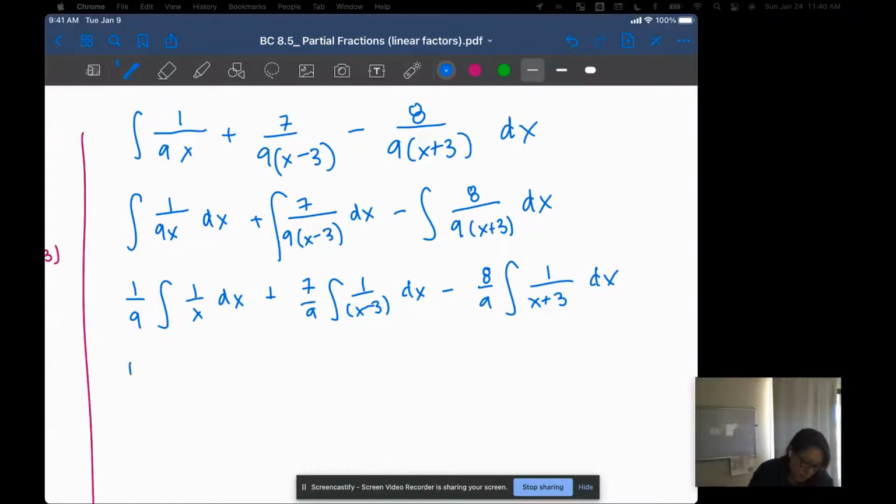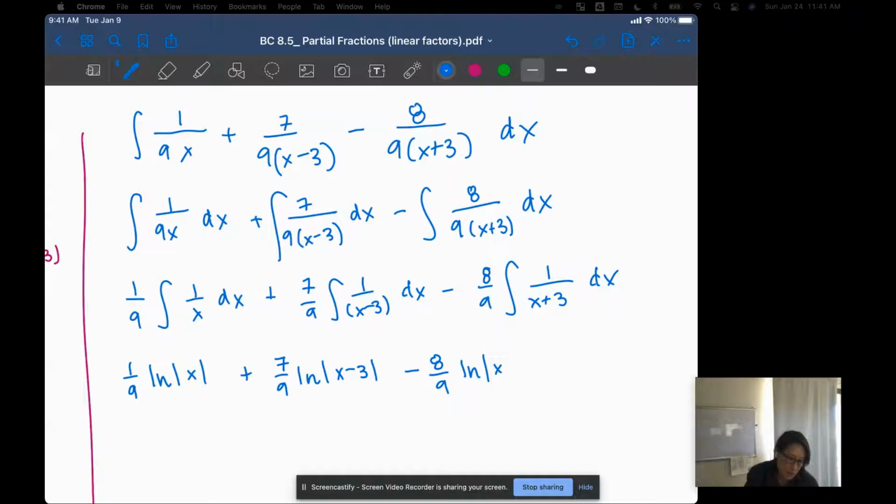So the integral of 1 over x is ln of absolute value of x divided by the derivative of the inside, which is x. So that is just going to be a 1. So plus 7/9 times the ln of x minus 3 minus 8/9 times the ln of x plus 3 plus c.